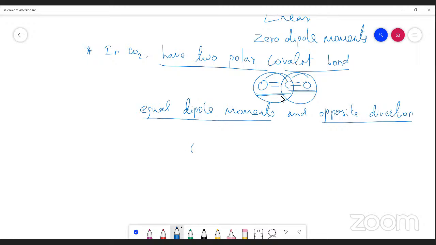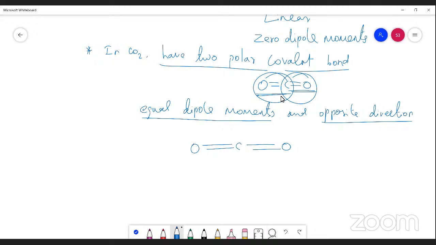Oxygen double bond carbon double bond oxygen. Already we have learned that dipole moment is a vector quantity. The direction of the dipole moment vector points from negative charge to positive charge. Comparing oxygen and carbon in carbon dioxide, oxygen has a partial negative charge and carbon has a partial positive charge.